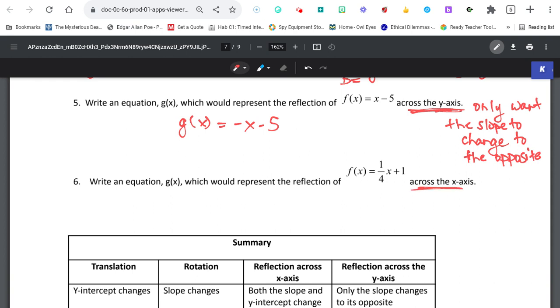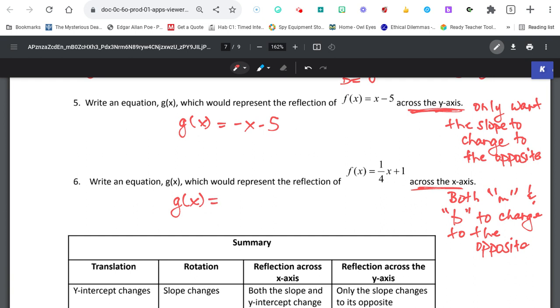So x-axis, I want both m, which is your slope, and b, which is your y-intercept, to change to the opposite, okay? So I'm going to write g of x equals negative 1/4 x minus 1. Change both of them to the opposite.